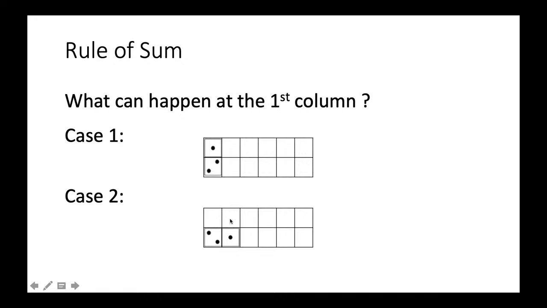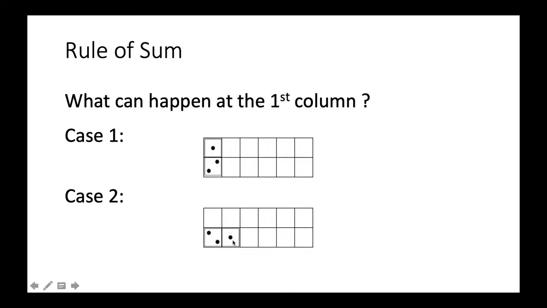Is that okay? So what we can have for the first column, if we watch only the first column, is either the 2 squares are covered by the same domino piece, and in that case, the number of ways of doing so is whatever the number of ways that you can fill up the remaining part with n minus 1 in length. Or the other case is you are not going to cover the first 2 squares by a vertical domino piece. So in that case, it must be covered by the horizontal ones, horizontal here and horizontal here.